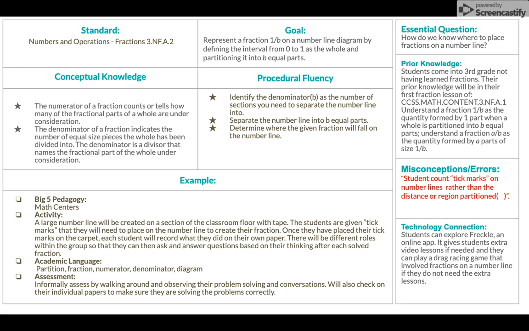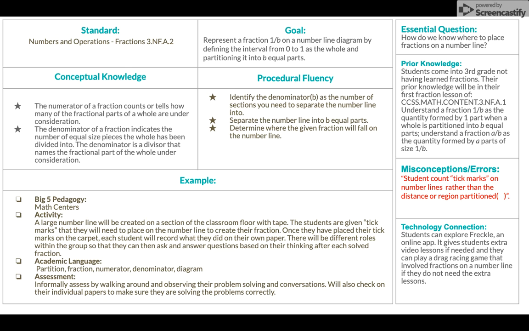They need to understand how to break up that fraction. So let's say they're trying to put 2/4 on the diagram. They need to understand how many pieces they're breaking into and then how to properly place that on the diagram. So they're not just putting 2/4 really close to 1. They need to understand the scale of it.